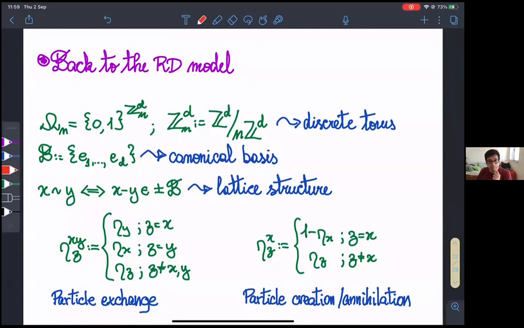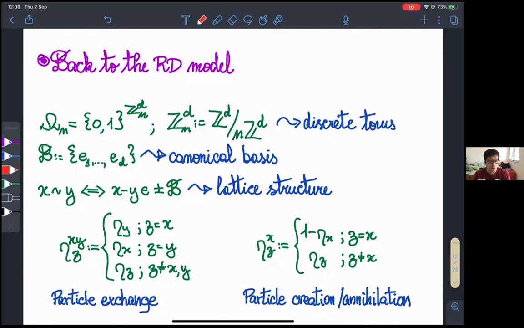So our setup was: the state space of our Markov chains was the space of configurations of particles on the discrete torus of size n. As I told you, the discrete torus of size n is just the integer lattice modulo n.